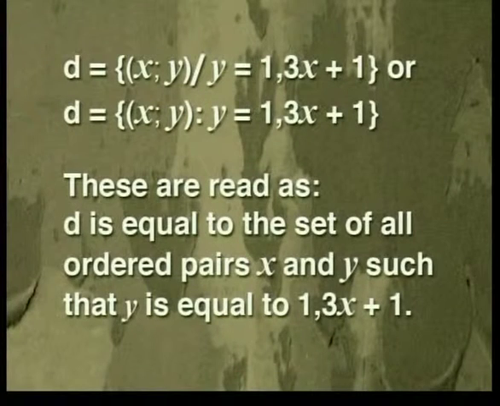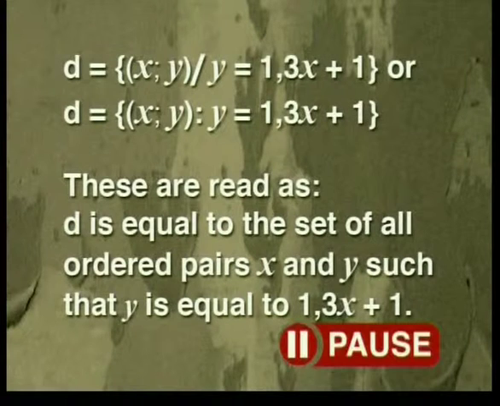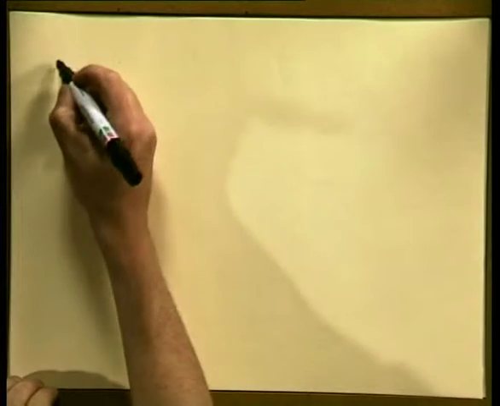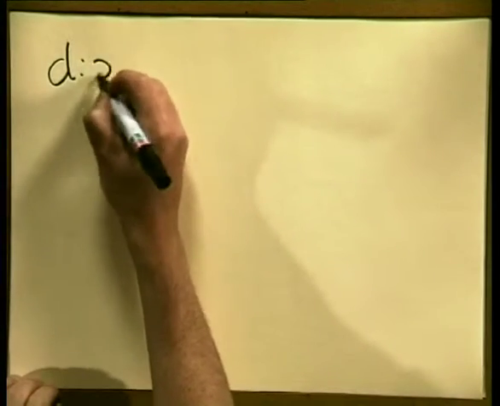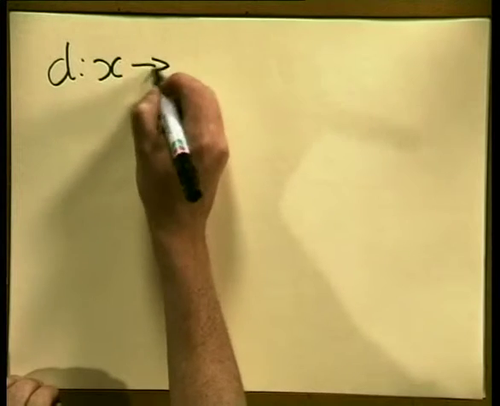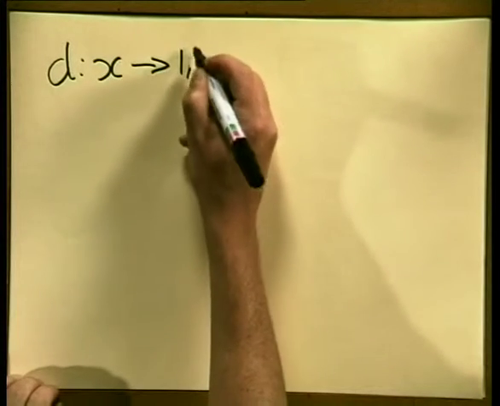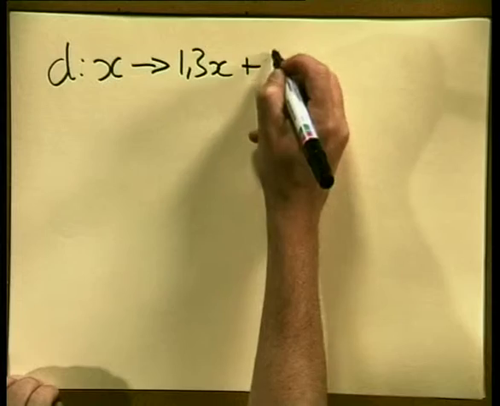The language and symbols that we use are very important. We use curly brackets or braces for the set, and we use round brackets for the ordered pair. Here we say that the function d maps x, our input values, onto 1,3x plus 1.